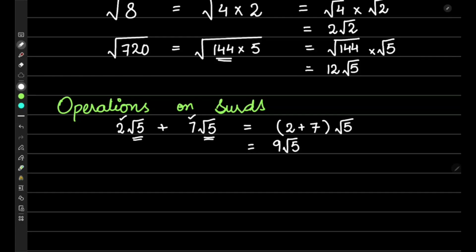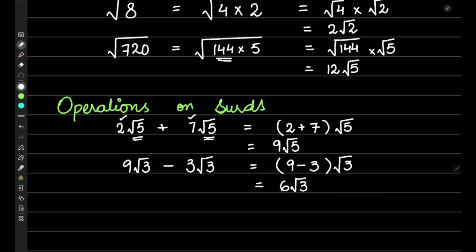Similarly, if you need to subtract some surds, you can only subtract those surds which have a common surd, like 9 root 3 minus 3 root 3. You can subtract them because root 3 is common, so 9 minus 3 gives you 6. 6 root 3 is the result.